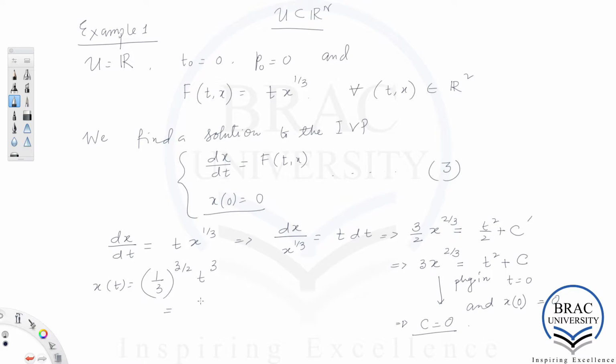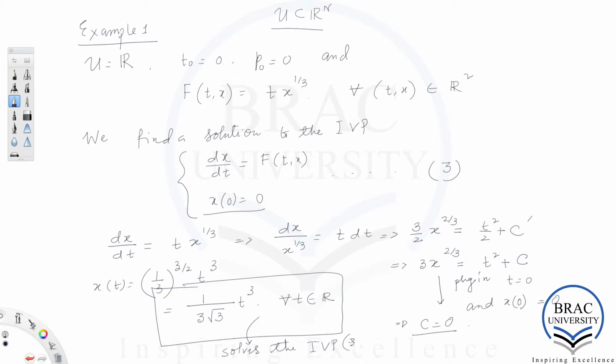In other words, I have x(t) equal to 1 over 3 times square root of 3 times t^3 for all t in the set of real numbers. So this is the solution. In other words, this solves the IVP.